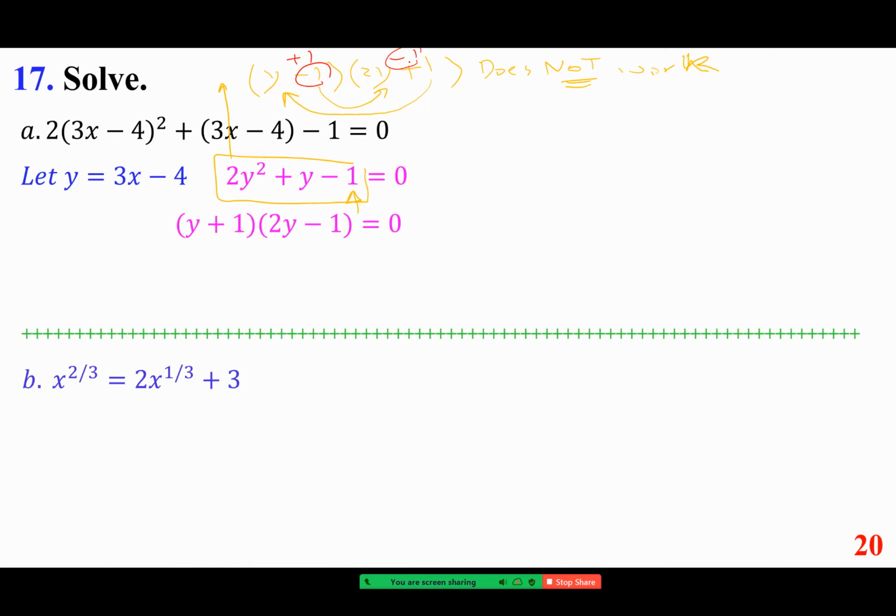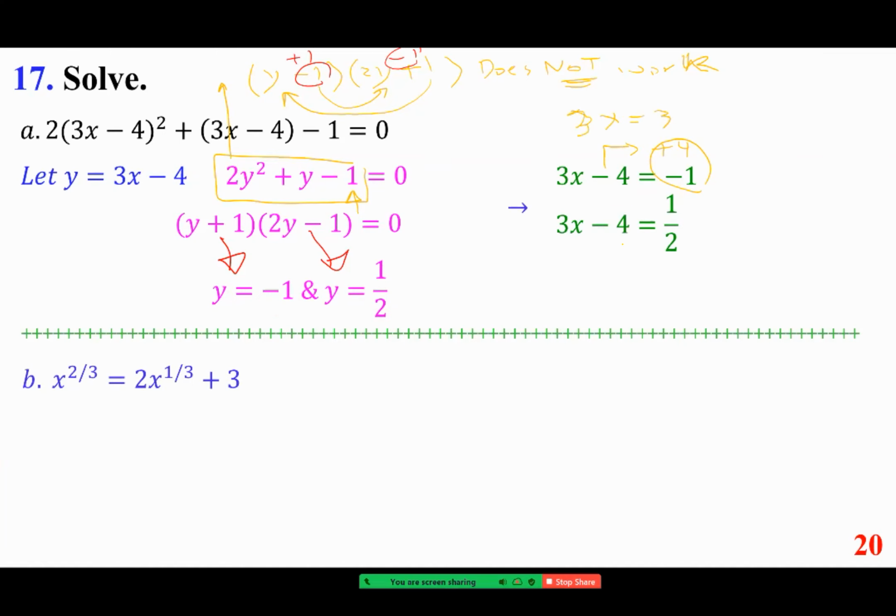Therefore, y is either negative 1 or 1/2. But we haven't finished the job because we are interested in x, so we have to set 3x minus 4 equal to negative 1 and 1/2 and solve. So we move the 4. 3x equals 3.